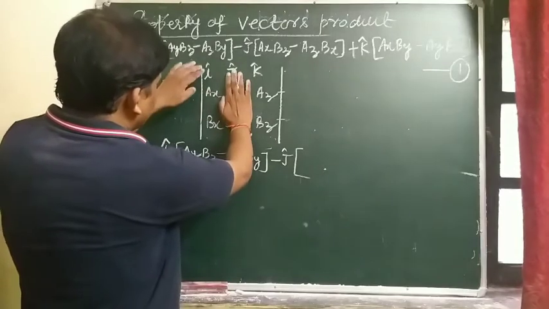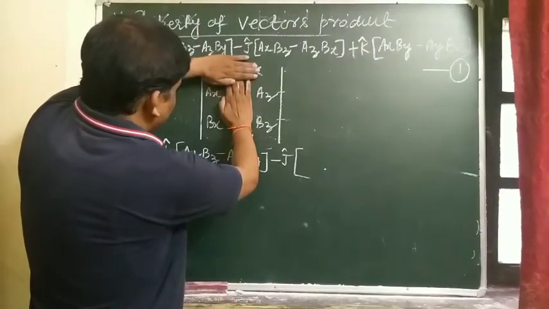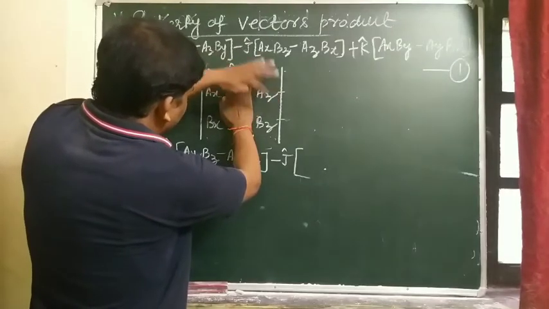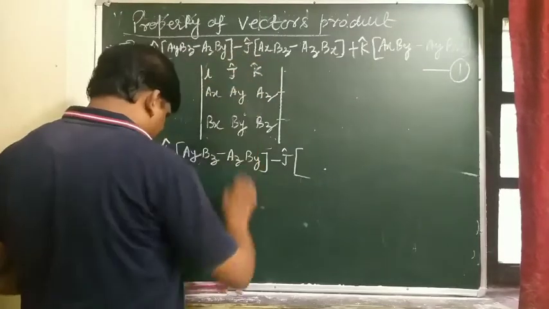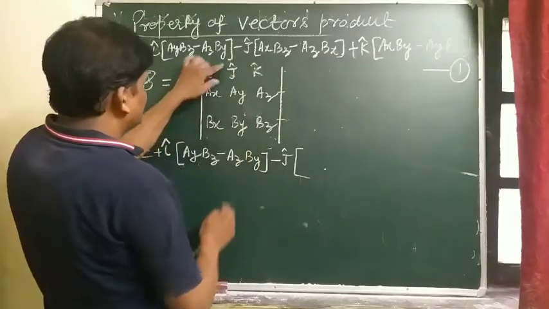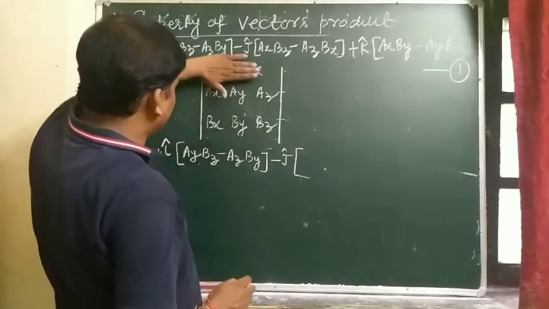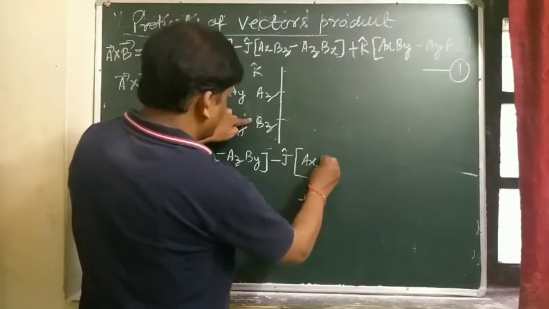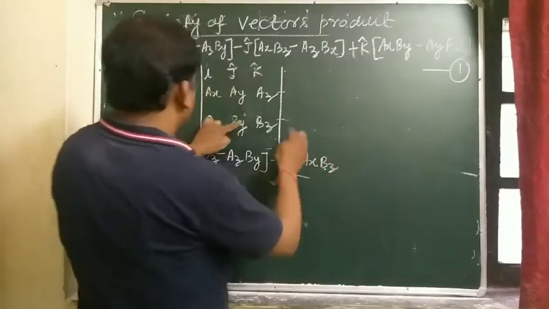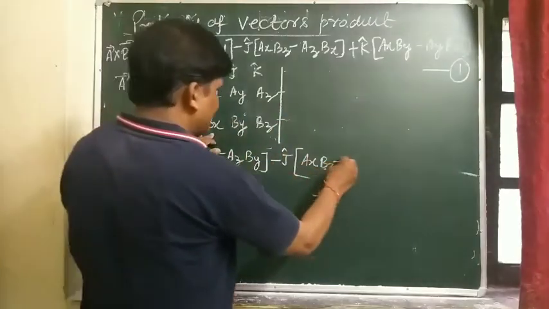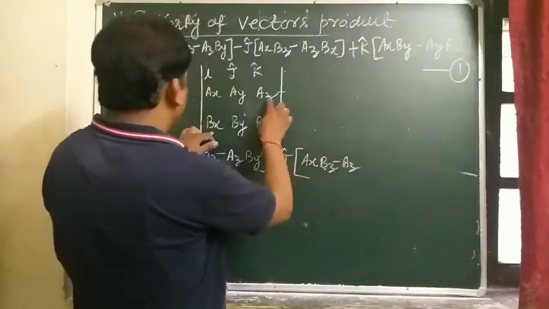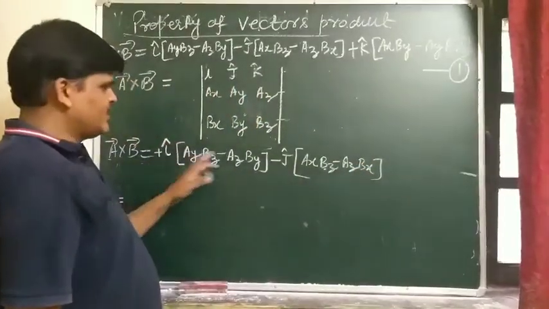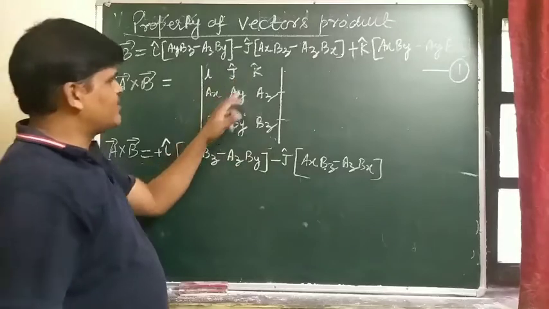Hide this J and this first row and second column. So we multiply AX with BZ and AZ with BX, so it is written as AX BZ minus AZ BX. So plus I minus J plus I minus J.